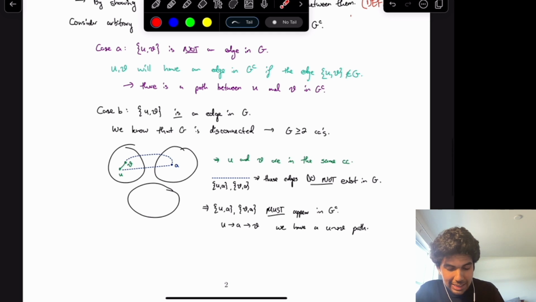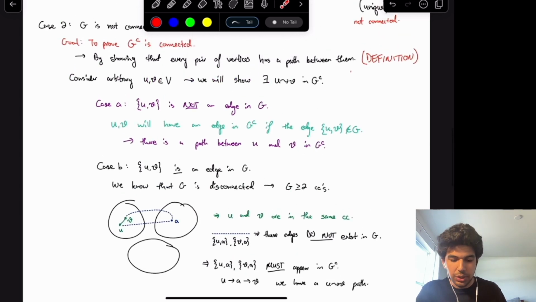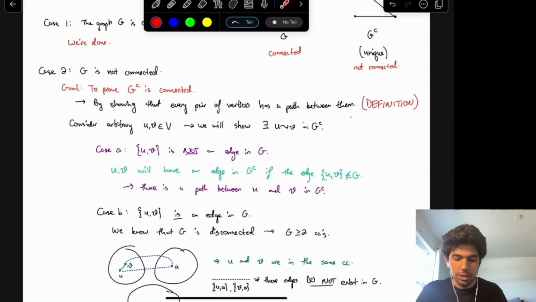We recognize that the edges U to A and V to A must not exist in our graph G. So since they do not exist in G, they must appear in G complement. We have a path between them. So always, no matter which two vertices we're looking at, there will always exist a path between them in G complement. Therefore, G complement is connected.